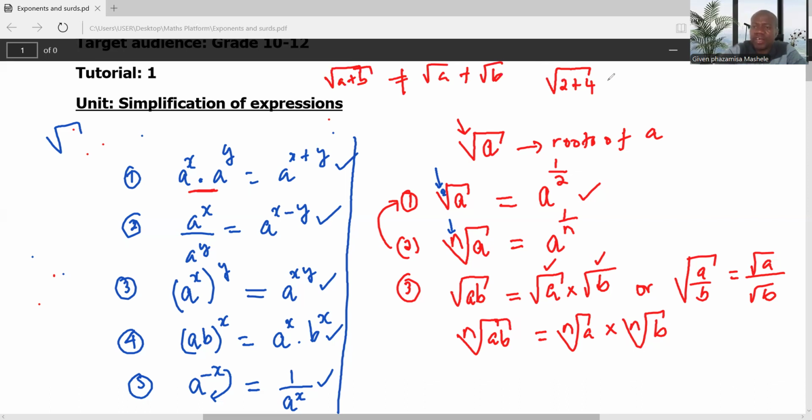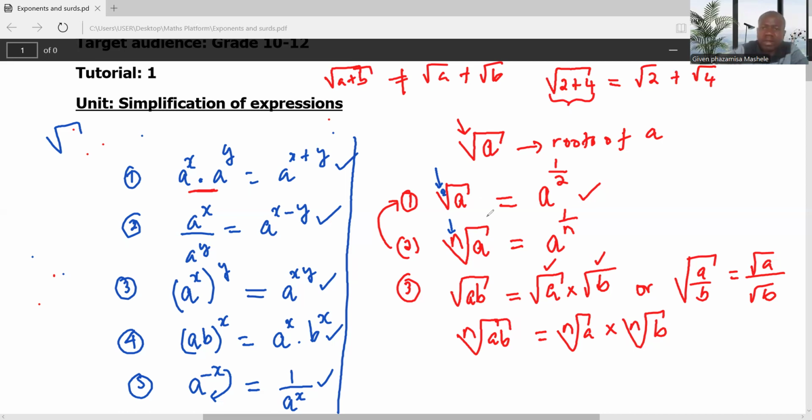You cannot say it is the root of 2 plus the root of 4. Because if we work this on the calculator, the root of 2 plus 4 gives us root 6.